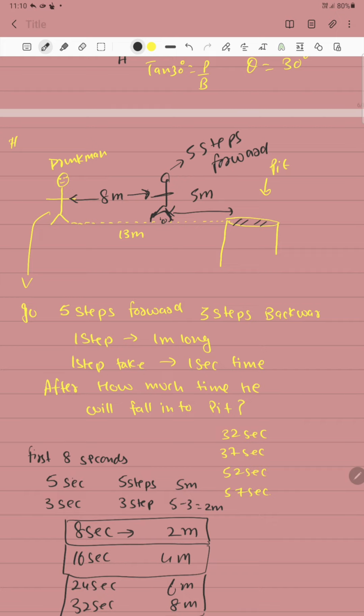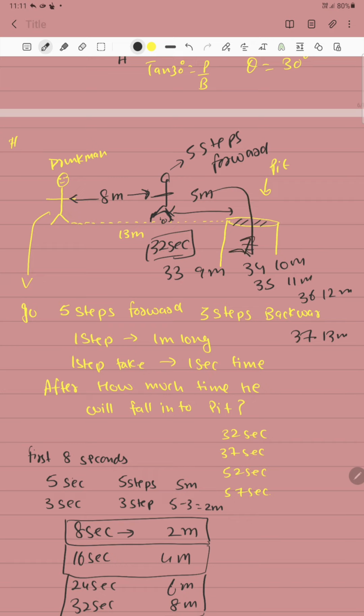After that he will come backward, but now 32 seconds he has consumed. In 33 he will be at 9 meter. In 34 he will be at 10 meter. In 35 he will be at 11 meter. In 36 he will be at 12 meter. In 37 he will be at 13 meter and fall into that pit. He will not come back after covering these 5 steps, right?